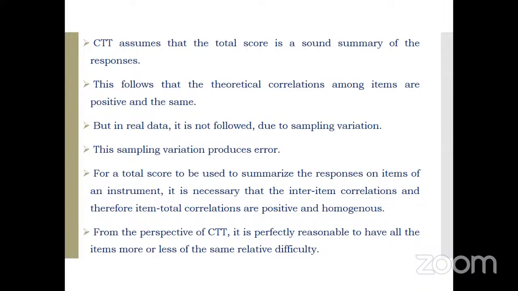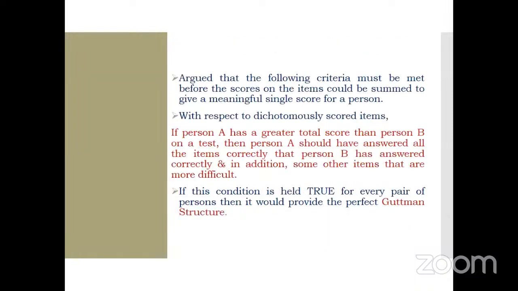What are these item-total correlations? They tell us whether all the items are measuring the same latent variable or not. If we find that the item-total correlations are not positive, or not homogeneous, meaning not similar, then it becomes a huge problem when we try to interpret the scores. From the perspective of classical test theory, it is perfectly reasonable to have all the items of more or less the same relative difficulty.